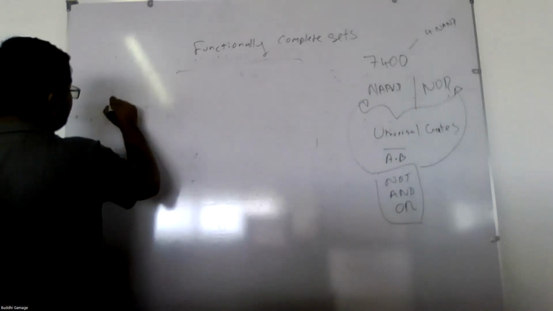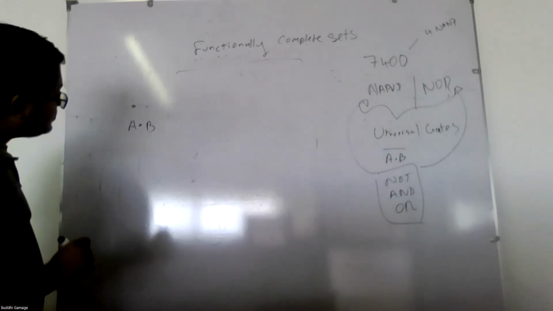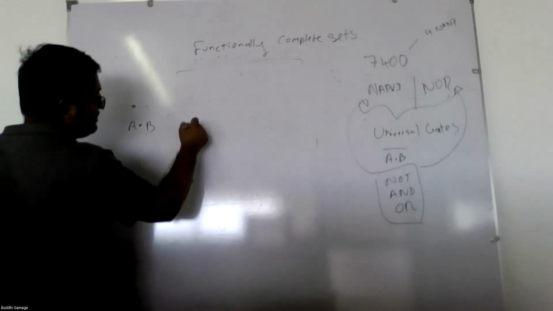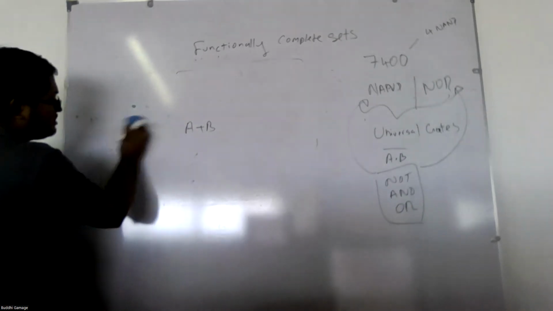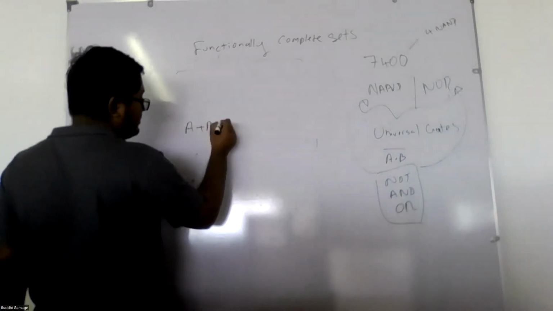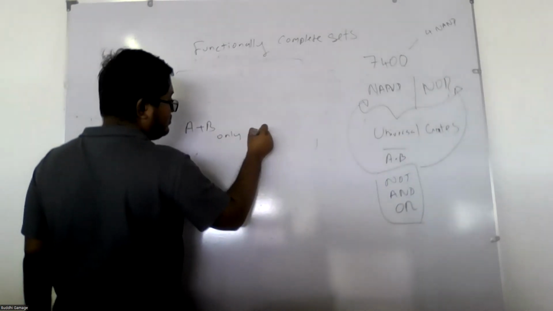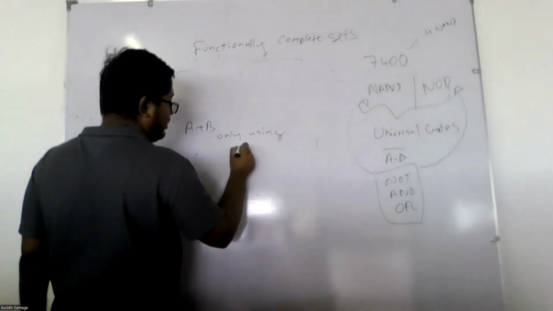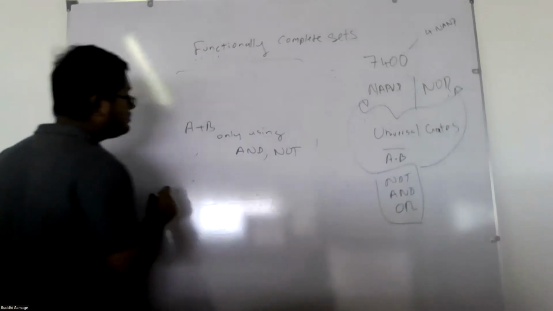I have derived this A dot B. So derive A plus B also, only using the AND gate and NOT. Let's do this.